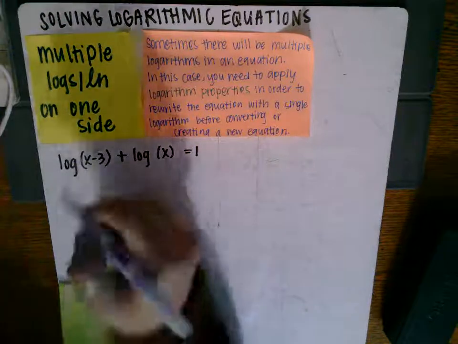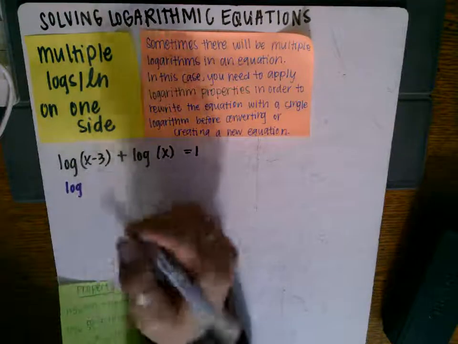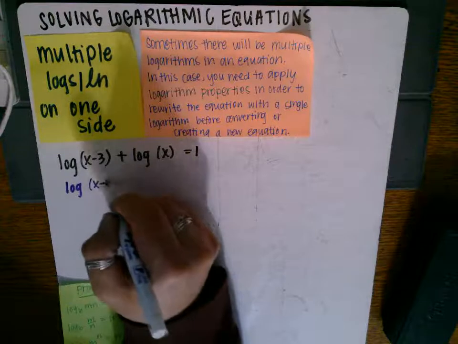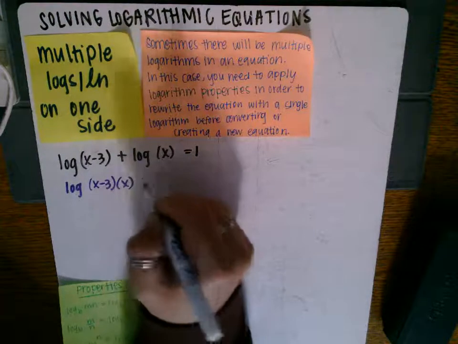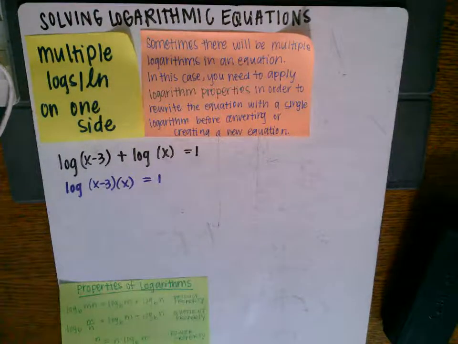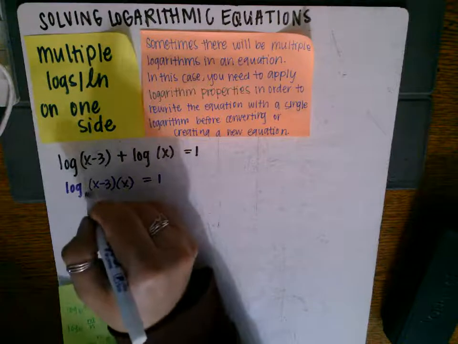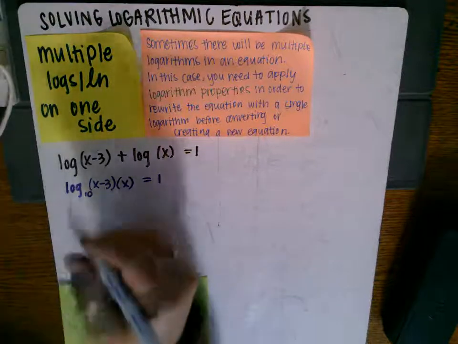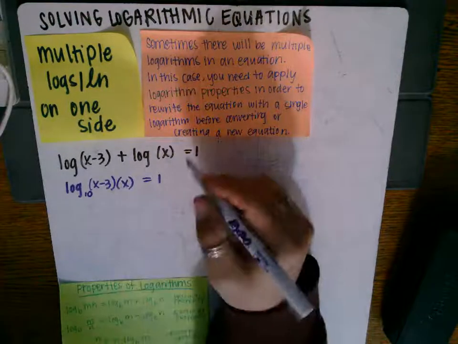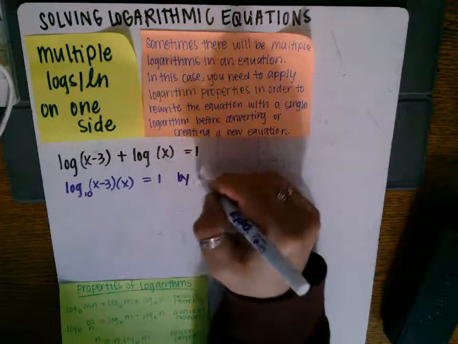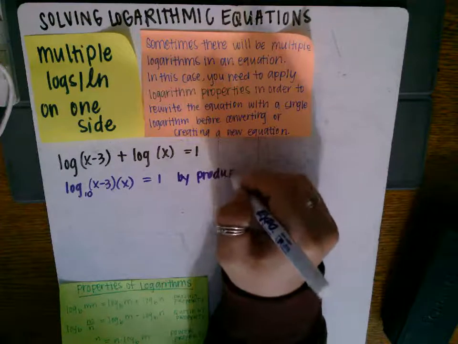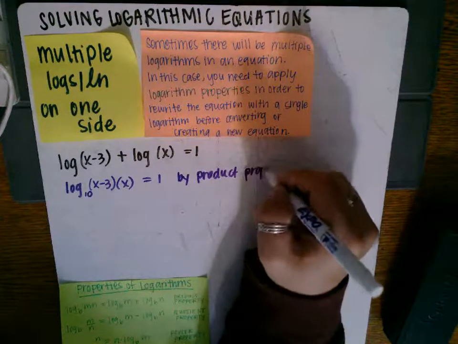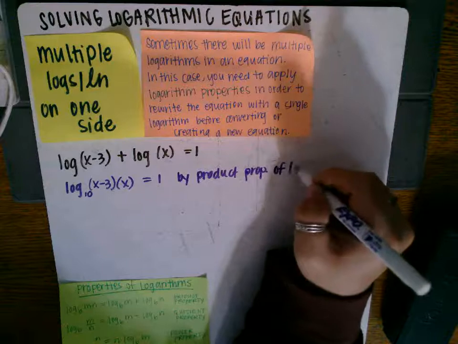I'm going to say that log with the base of 10 of x minus 3 times x is equal to 1. You can even write in the little base 10 if you want. And just for good old time's sake, I'm going to say that this is by the product property of logs.